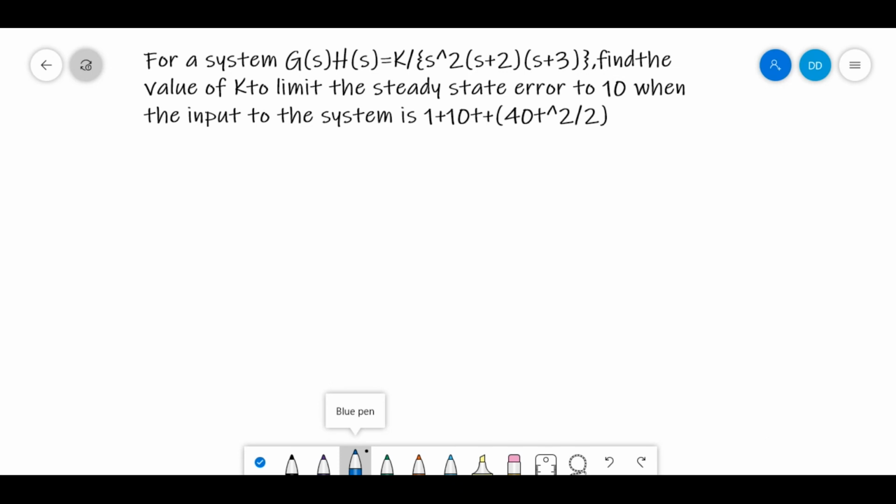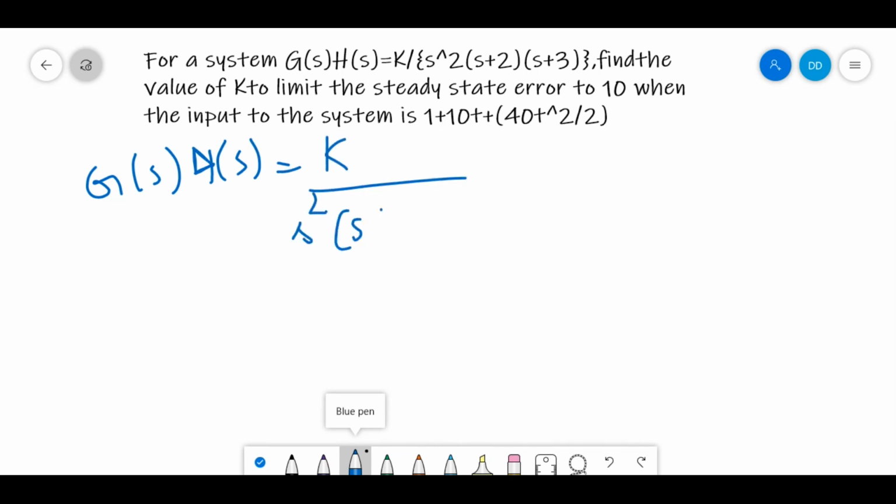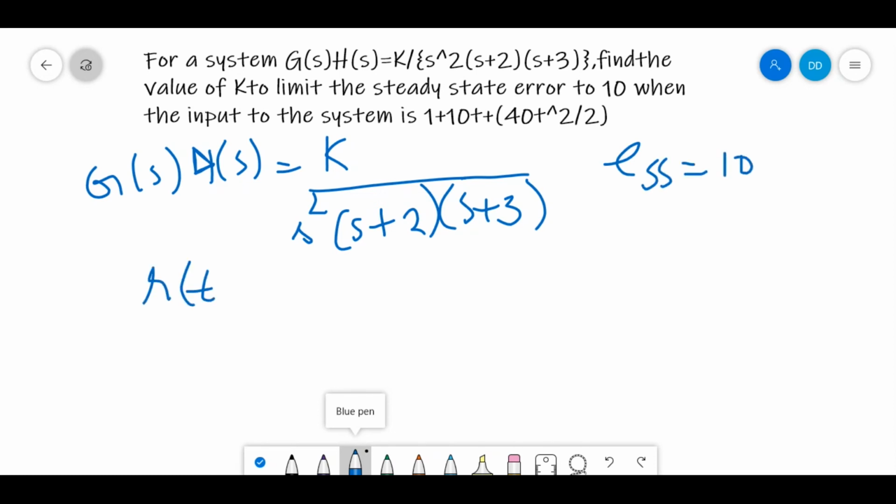40t square by 2. So we'll write the given open loop transfer function G(s)H(s) is equal to K divided by s square into (s plus 2) into (s plus 3), and it is given that you have to limit the steady state error to 10 when the input r(t) is 1 plus 10t plus 40t square by 2.